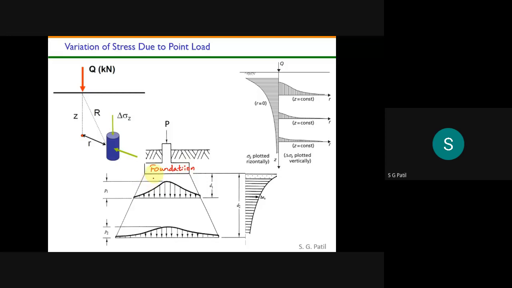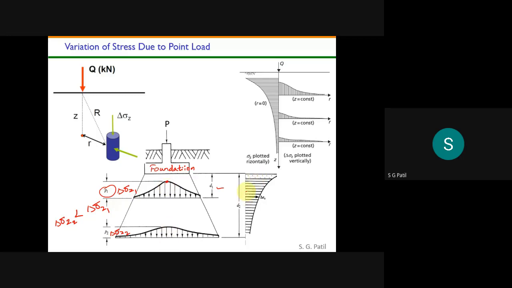Due to this foundation, this is delta sigma Z1 at a depth of D1, and this is delta sigma Z2 at a depth of D2. Comparing them, at the depth D2, your delta sigma Z2 is less than your delta sigma Z1. As you go deeper into the ground, the stress will decrease.